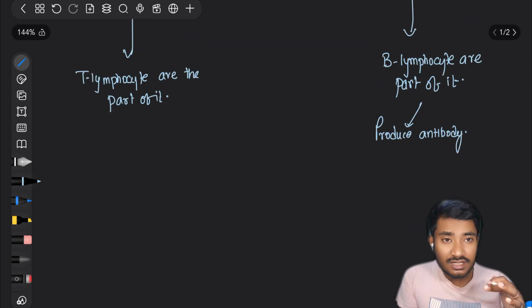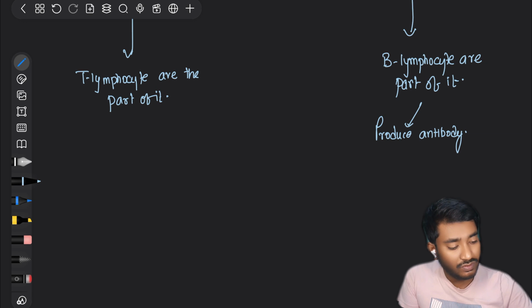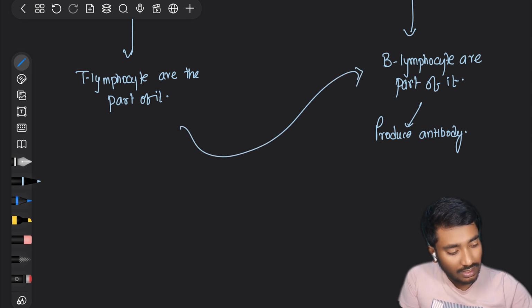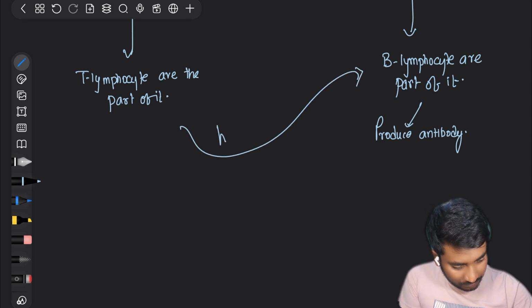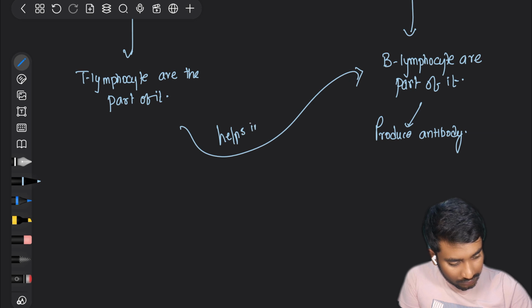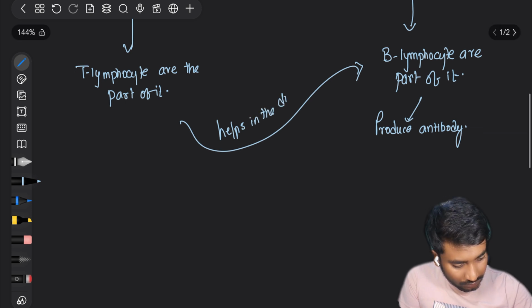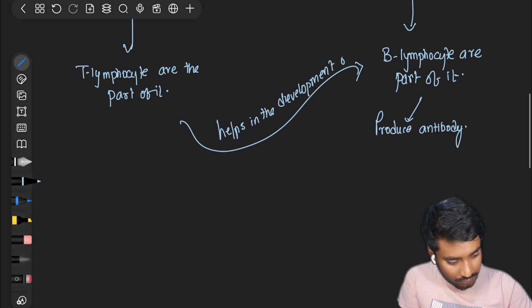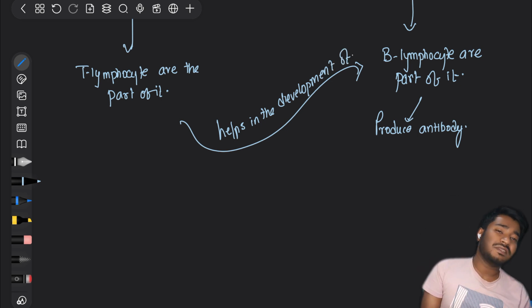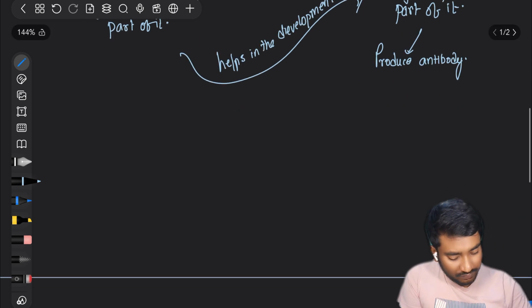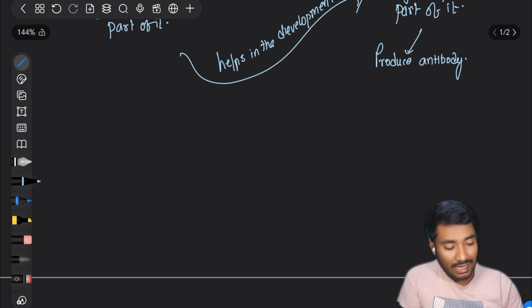The T lymphocyte generally helps in the maturation of the B lymphocyte, so it has another function: it helps in the development of B lymphocytes.